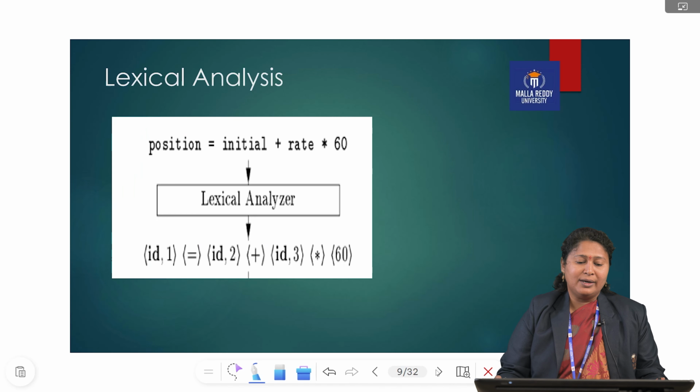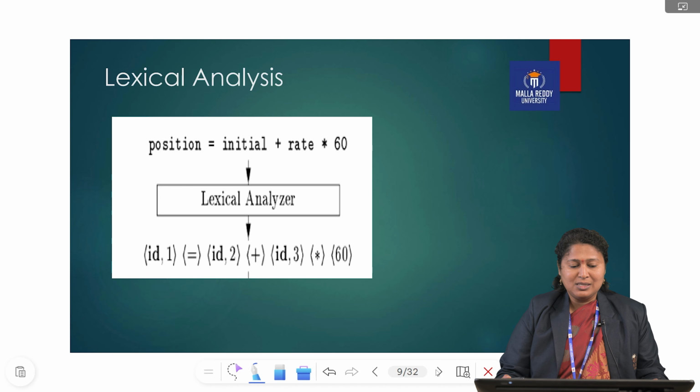Let us see an example. We have a statement, position is equal to initial plus rate into 60. We give this input to the lexical analyzer. Now the lexical analyzer scans the input from left to right, identifies the tokens and keeps them in the symbol table.